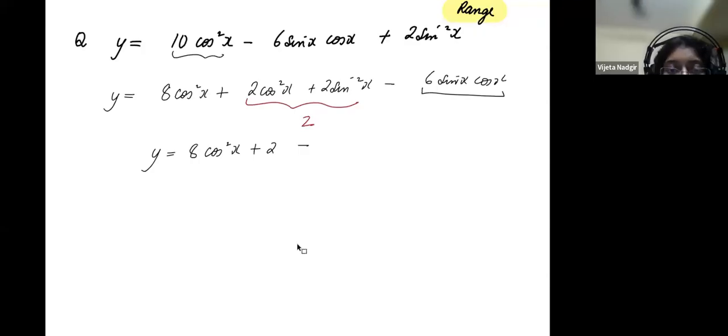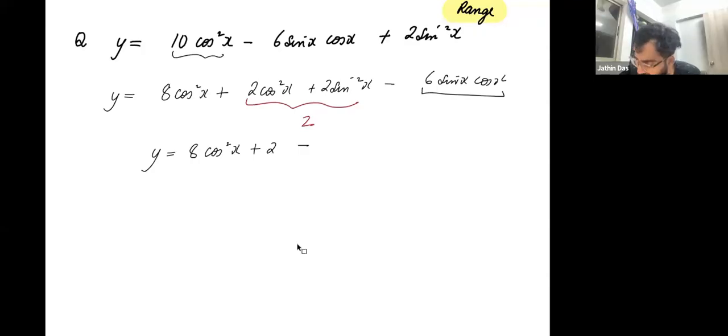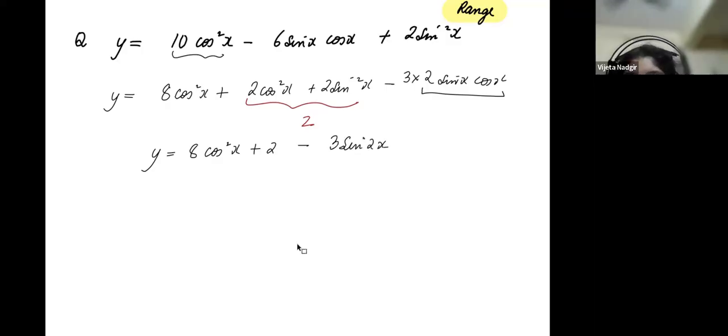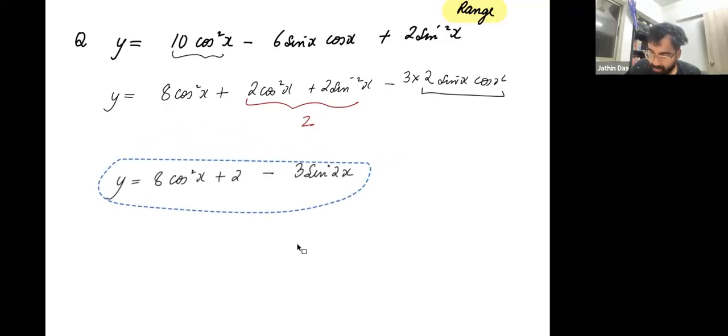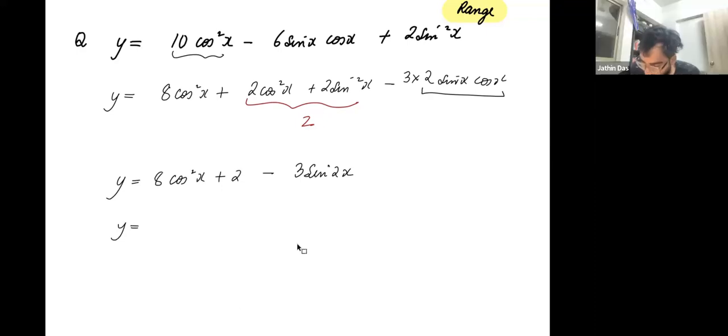See, if I split this 6, I can write it as 3 into 2, right? So can I write it as 3 sin 2x? Yeah. That will become cos square x plus. Again, cos square x also I can take 4 outside and think like this.